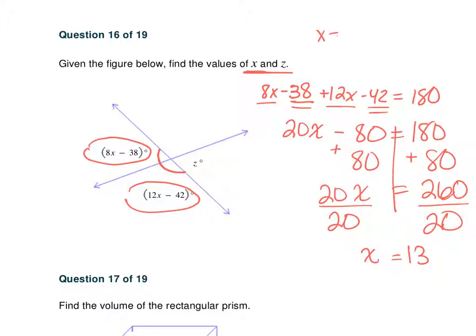So I can put that up here, x equals 13. Now it's asking me to find z. Well, z is a vertical angle to this angle over here. So I'll mark it in blue this time. So I know I can find z if I substitute 13 for x in 8x and take away 38 from that.